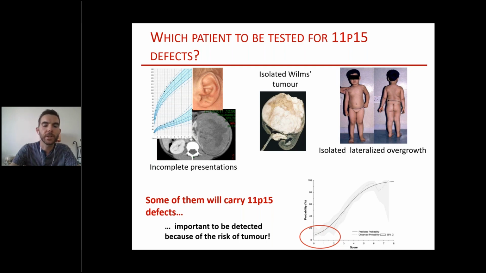For example, we know that for patients with isolated lateralized overgrowth, the prevalence of 11p15 defect is probably higher than what we knew before.